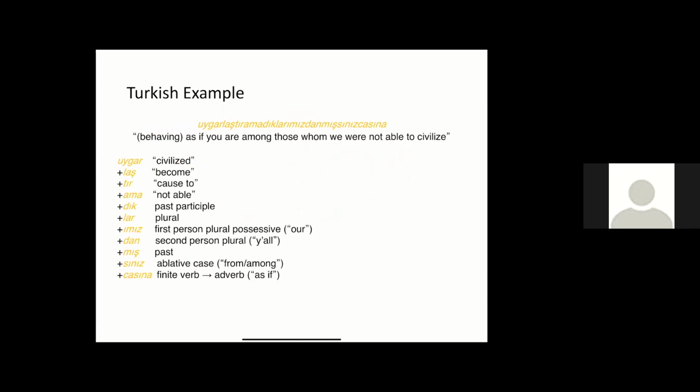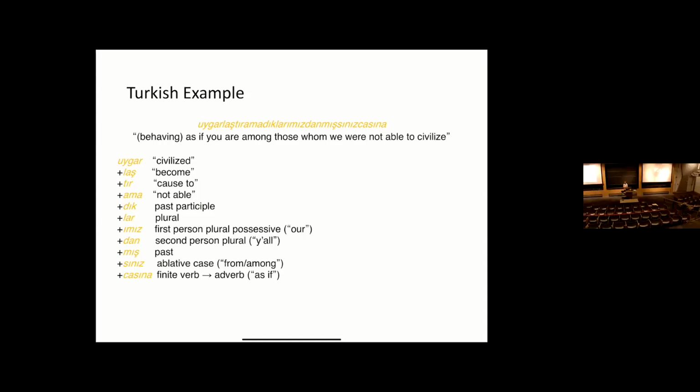So it's uygarlaştıramadıklarımızdanmışsınızcasına. And how would you translate that? Is this a good translation? Yeah, as if you're among those, I guess it would be more appropriate to say those people, not those whom we were not able to civilize. Yeah.